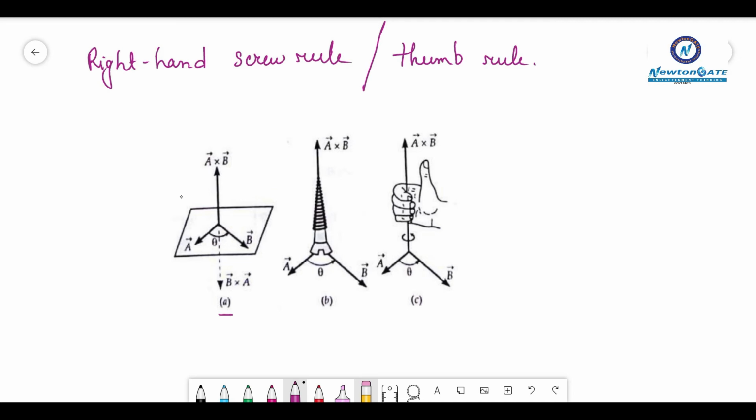A cross B is mutually perpendicular to the plane that A and B are in.